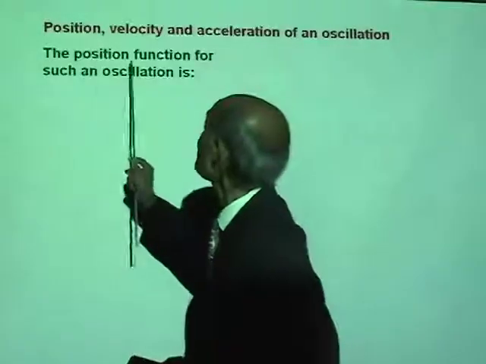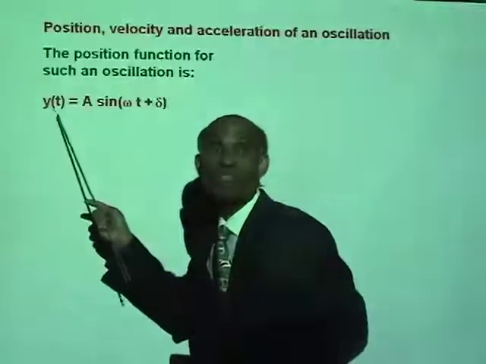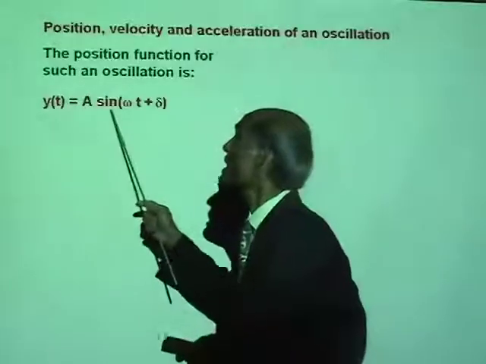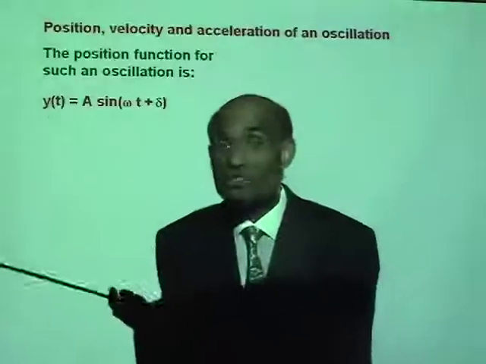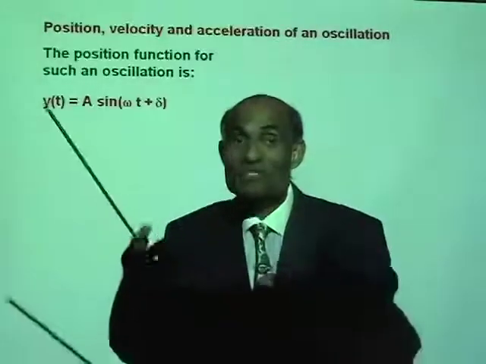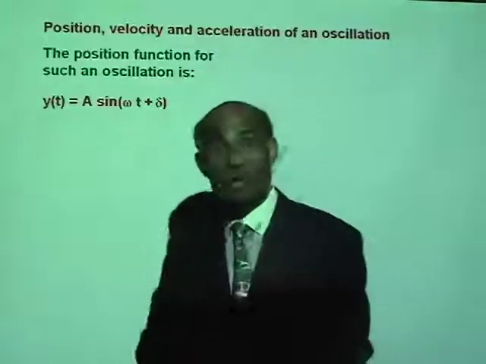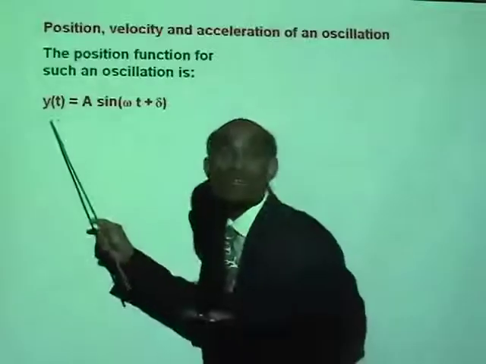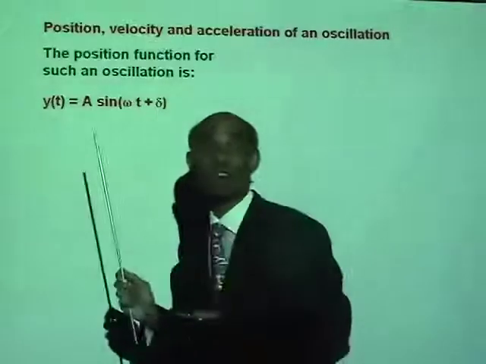The position function for such an oscillation, y of t, y as a function of time, is a sine omega t plus delta. That represents the displacement, but that is the same as the position function.